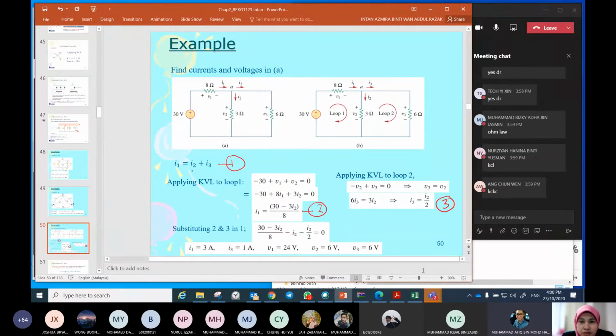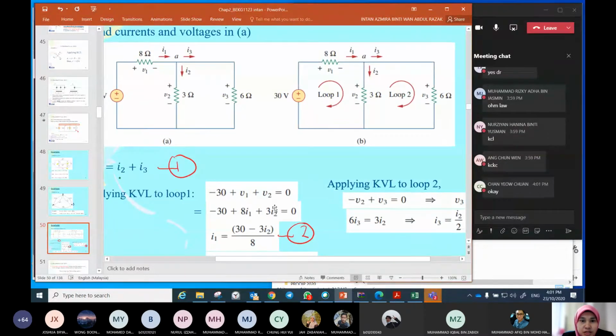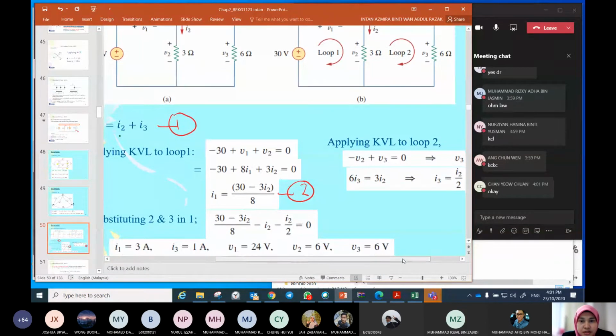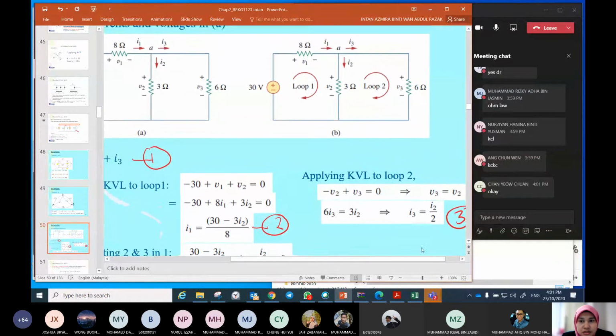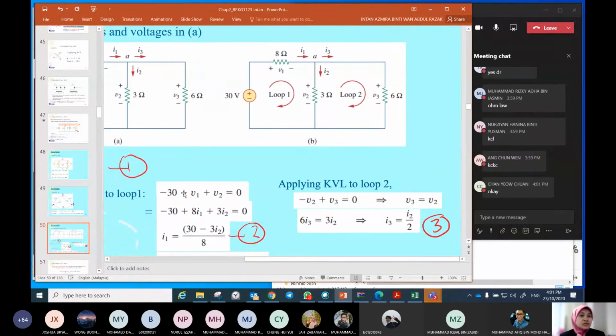Okay. And V2 is 3 multiplied by I2, equal to 0. Then we find I1 from this equation: I1 is equal to 30 minus 3 I2, divided by 8. Make it the second equation.